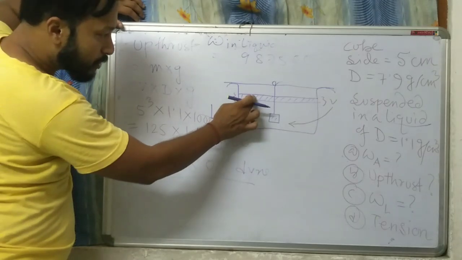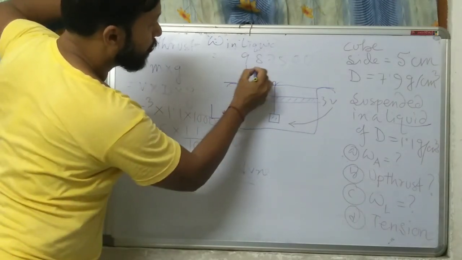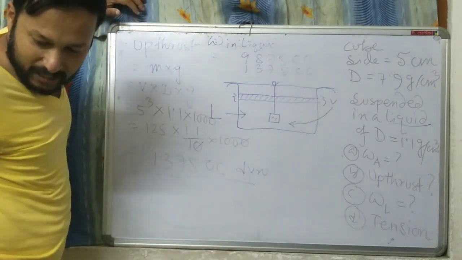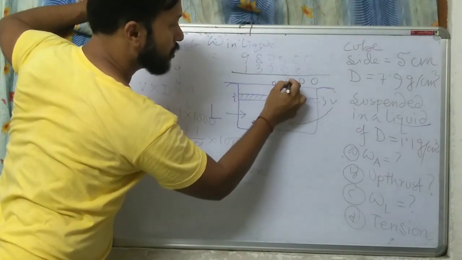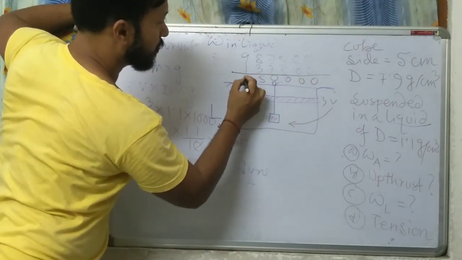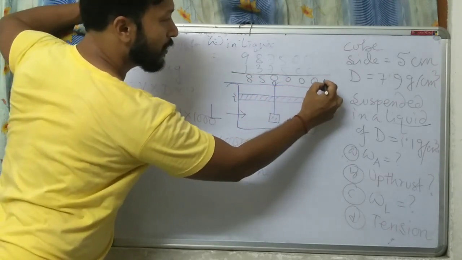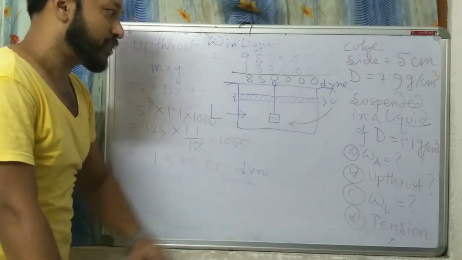Now what is the weight of the displaced liquid? 137500. So what answer are we getting? 850000 dyne. This is the weight in liquid.